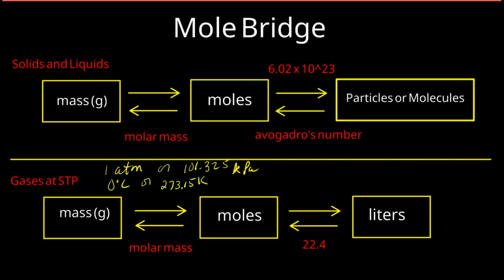So if I have a gas, I can convert its mass to moles, and then its moles to volume, which is in liters. I'll have to use the number 22.4 because 1 mole of any gas is equal to 22.4 liters.